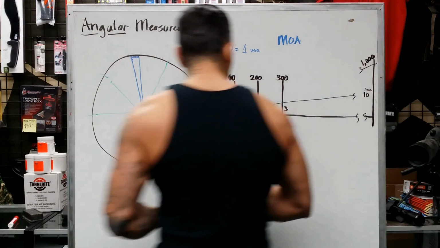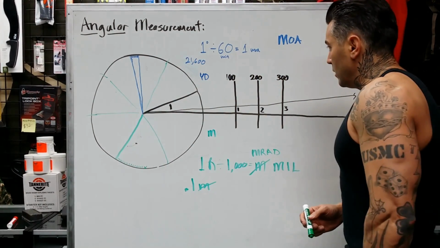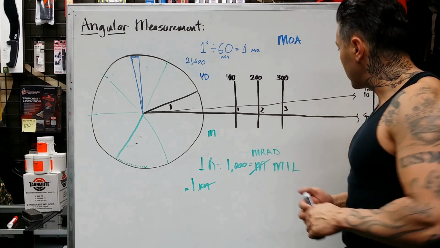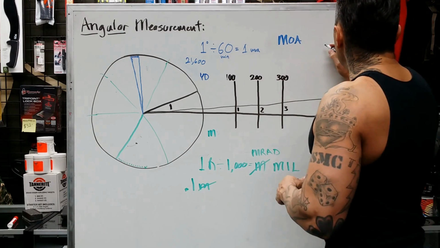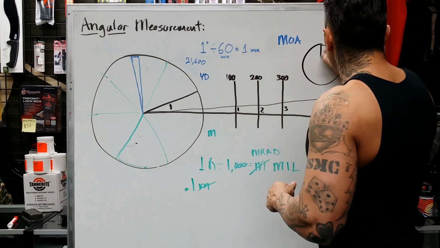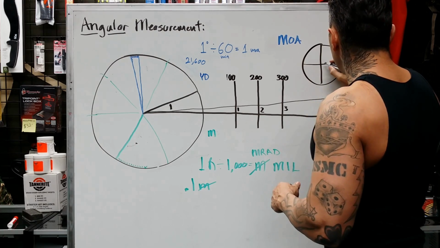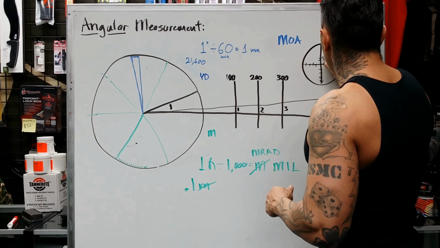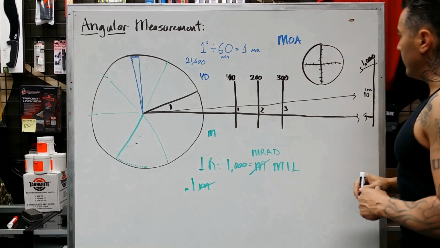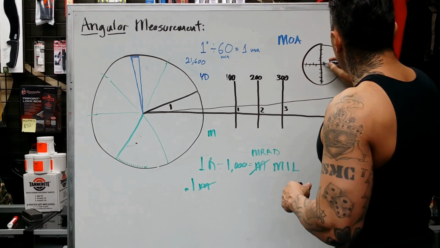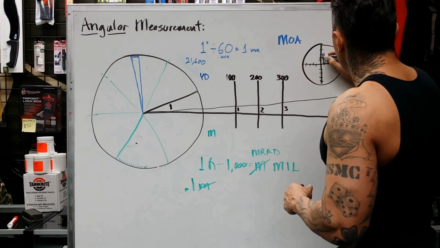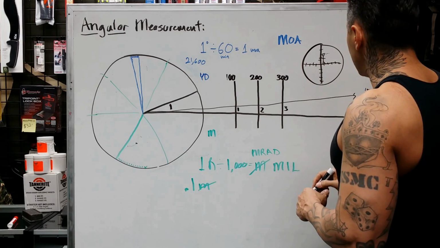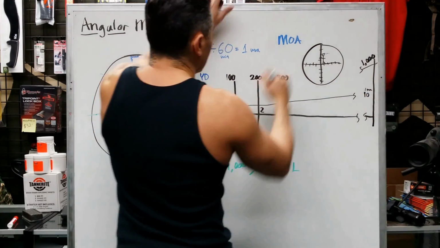Now we get to why long-range shooters care about angular systems of measurement and subtended reticles in their optic. There's your reticle. If I have a target in the distance, I can measure that target in my reticle, 1, 2, 3 mils up, then plug that into a formula.